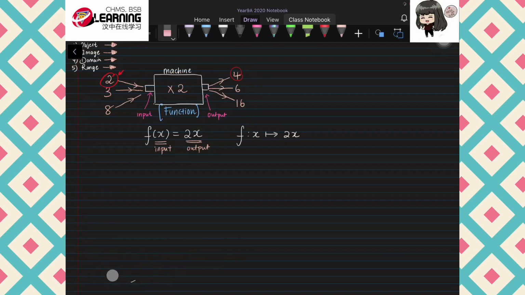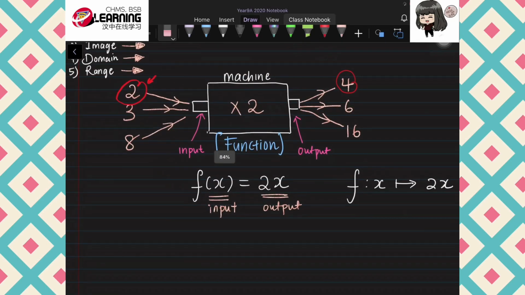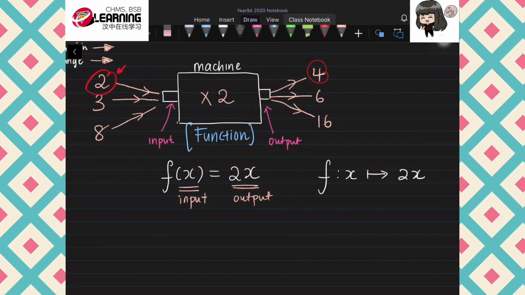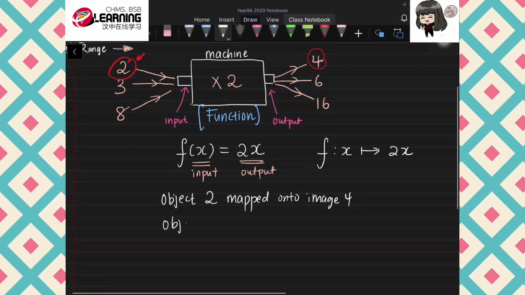Okay, I will use the same example. f of x is 2x, alright? So object 2 maps onto image 4. Okay, and object 3 maps onto image 6.